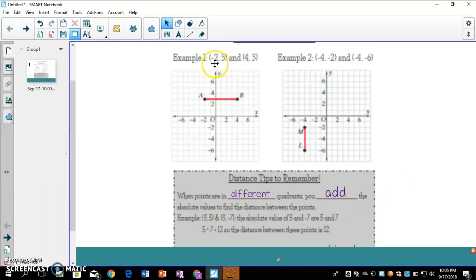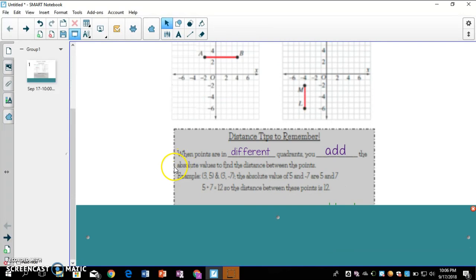The absolute value of -2 is 2, plus the absolute value of 4, which is just 4. 2 plus 4 gives me the length of that line, right? The absolute value of that -2 was this section, and the absolute value of that 4 was this section. If I add those two together, I end up with the whole line segment, which is 6 units. Those points are 6 units apart.